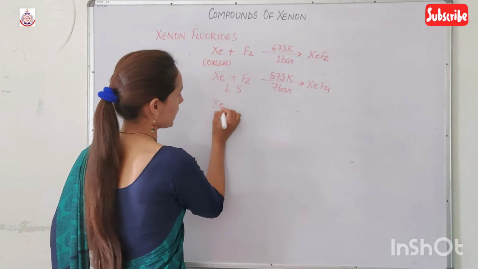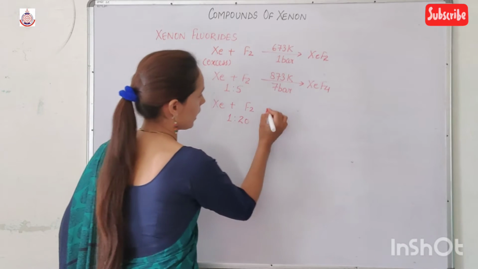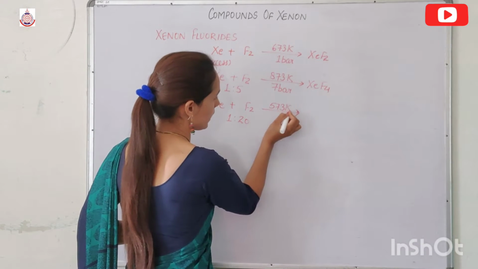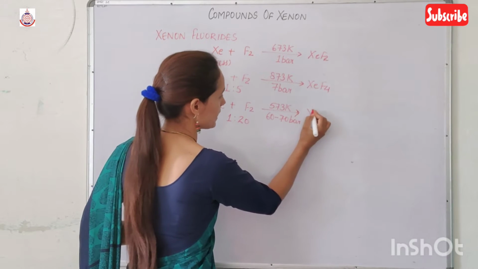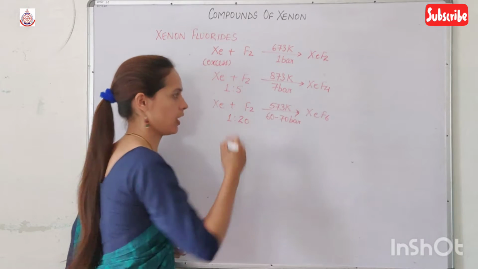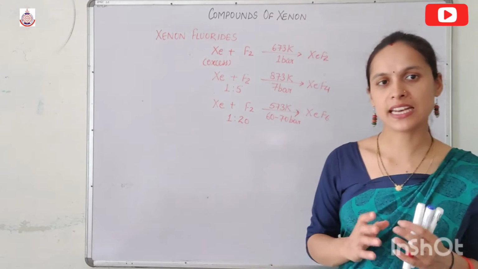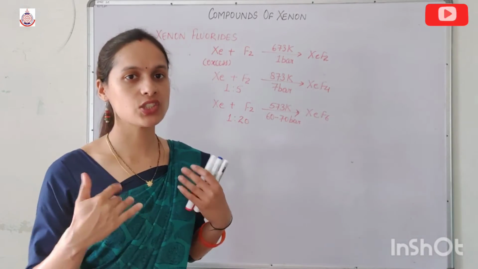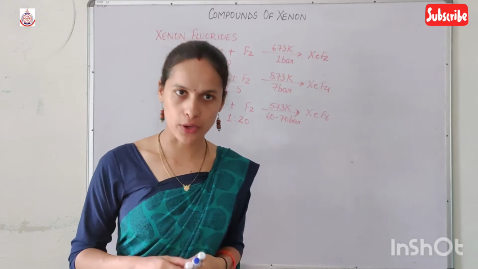And when Xe and F2 are present in 1:20, the temperature is 573 Kelvin and the pressure is 60 to 70 bar, then we get XeF6. So the fluorides of xenon are prepared by direct combination of xenon and fluorine, but by changing the conditions we can get different products.